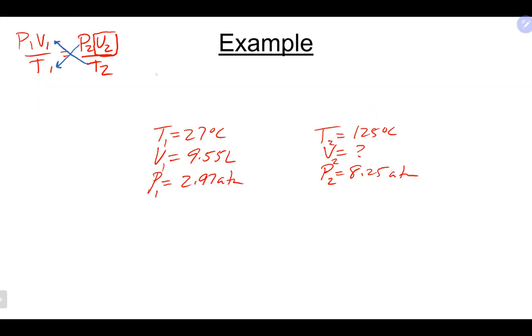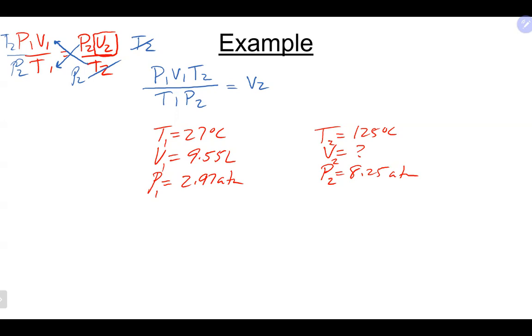And that would give you, if you rearrange this correctly, P1 V1 T2 divided by T1 P2 is equal to V2. We are mathematically multiplying T2 to both sides and then dividing by P2 to both sides. And we end up with what we get there. Any questions on that there?